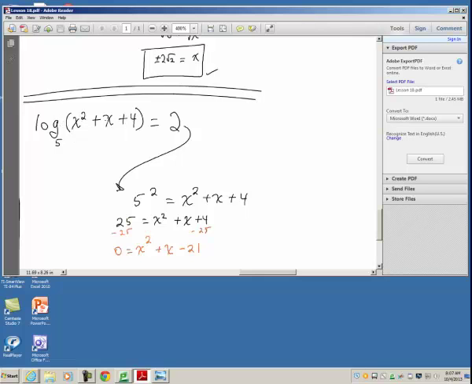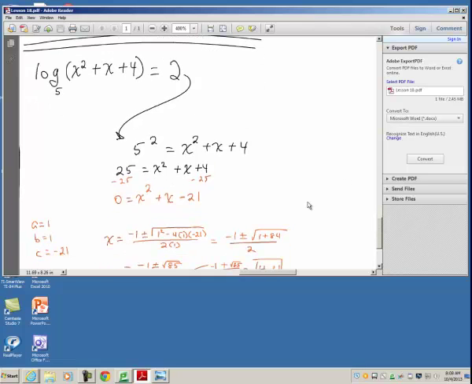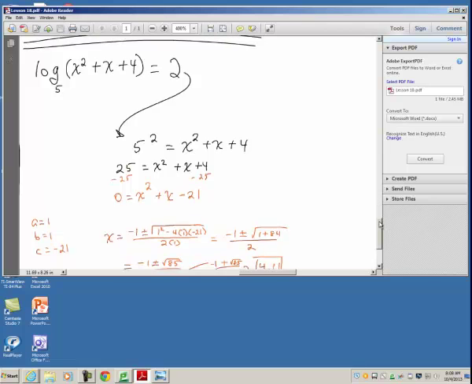Well, actually, you could just plug it into the quadratic part, and as long as it doesn't come out to be a negative, then you know it's going to be okay. What you end up with is 25 in here, and 25 is 5 squared, so log base 5 of 5 squared gives you 2, and it checks. So you can do it that way.